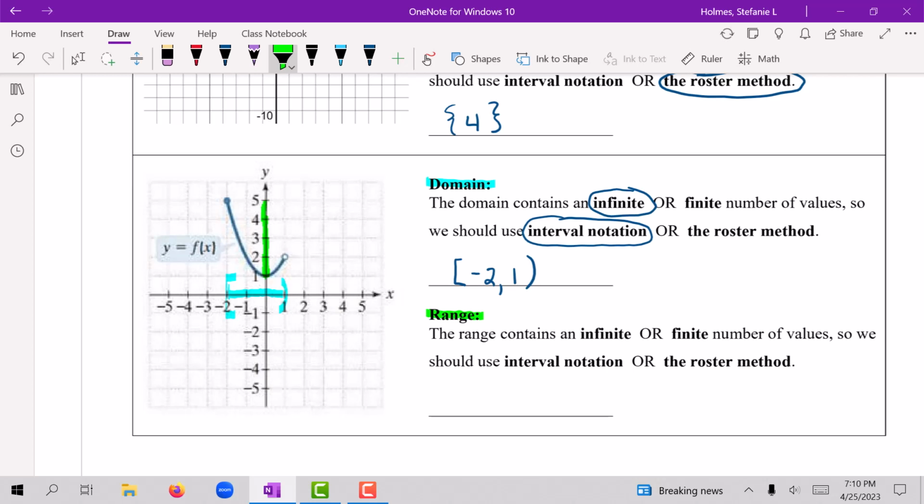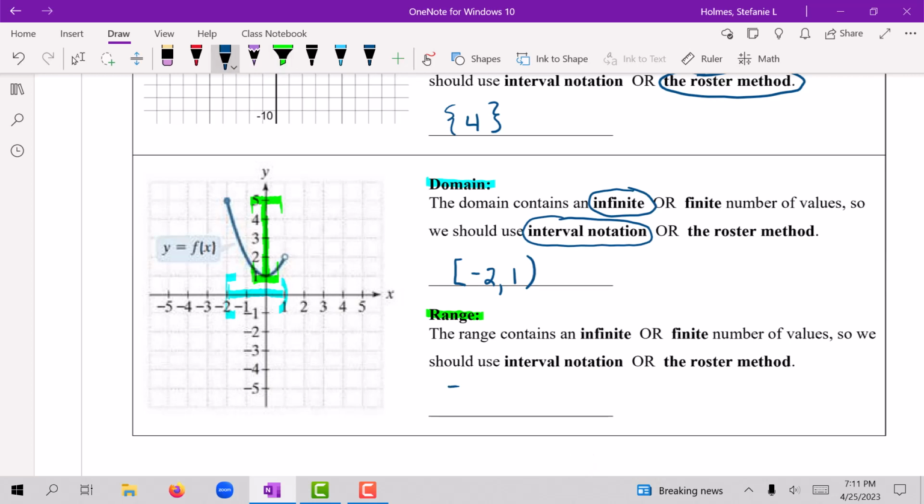Now this one, remember, at the top has a closed point, so that is a square bracket. And at the bottom, there's actually a point there, so that is also a square bracket.